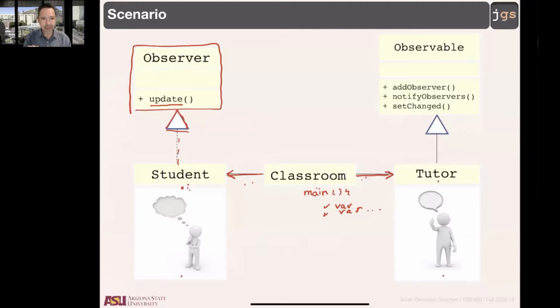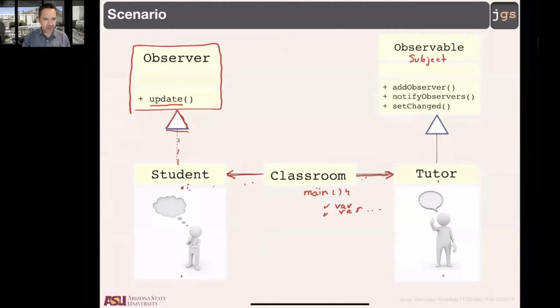Good. Now, student, observer, this class from the Java API, this one is not your problem. The other one, the tutor, is the class, the object, that we want to observe. In the original pattern, the name is Subject. That was the name the authors of the book used for this class. In Java, we do not use Subject as the name for the class.